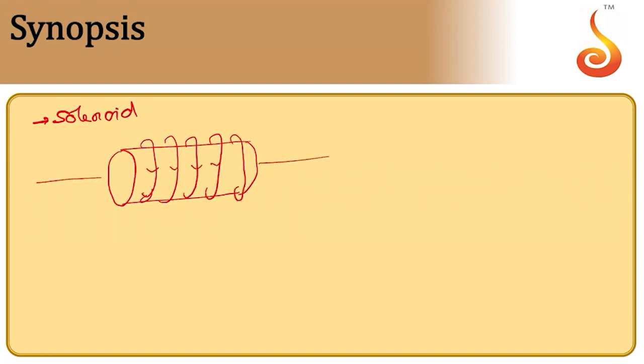Now, if we want the magnetic field somewhere inside, for example, this is the point, and assume that this angle is theta 1 and this angle is theta 2, then the magnetic field is given by mu naught n I divided by 2 into (cos theta 1 minus cos theta 2).